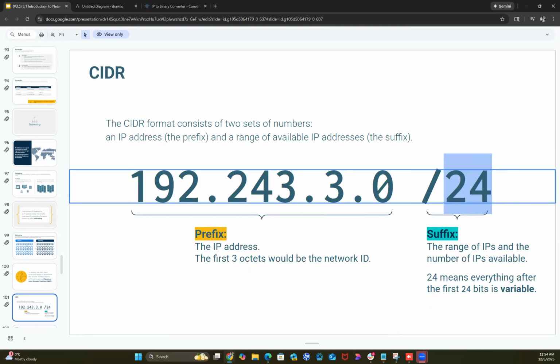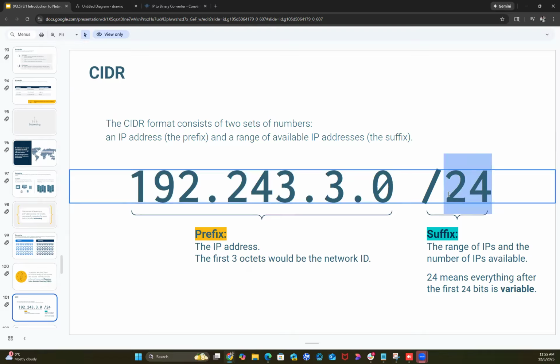Using the IP address, for example 192.168.1.0, this is the starting IP. When they write down 192.168.1.0/24, it means the starting IP, and /24 defines the range.